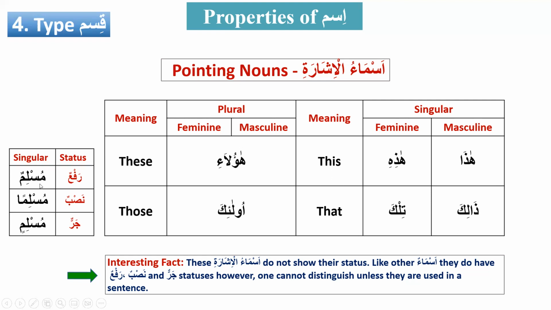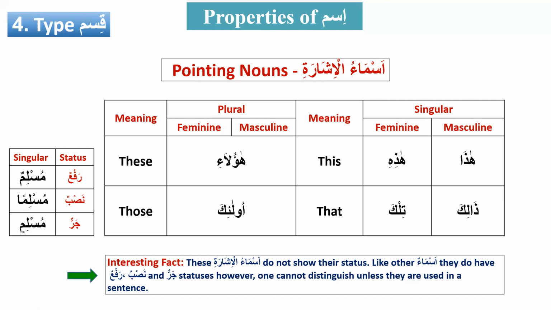Muslimun shows its status by changing of haraka on the last letter. So you can easily identify, is it rafa, nasab, or jar? But these pointing nouns, all 6 of them, don't show their status. It will be haza, haza, haza, rafa, nasab, jar. Haulai, haulai, haulai, same. Rafa, nasab, or jar.